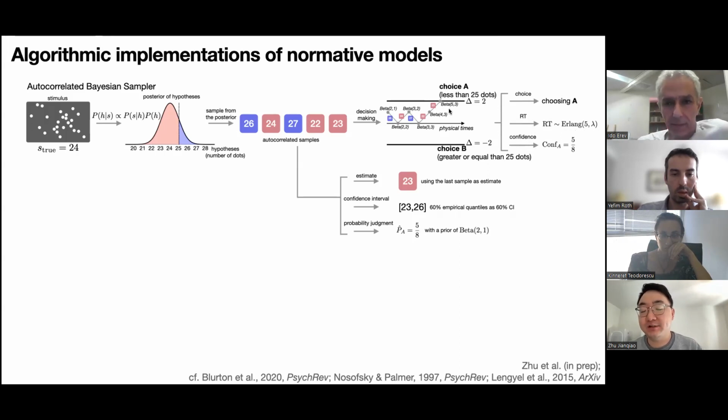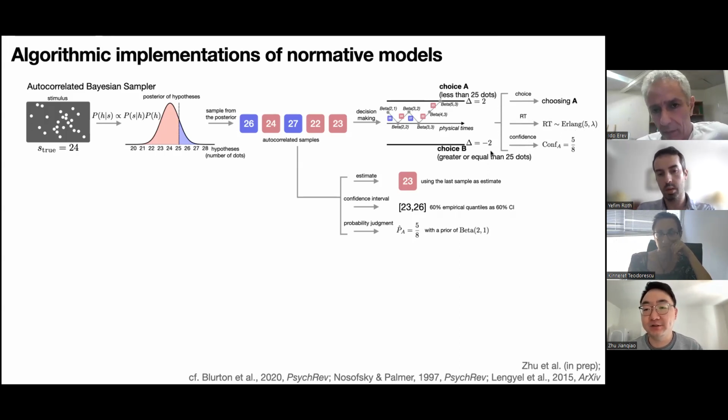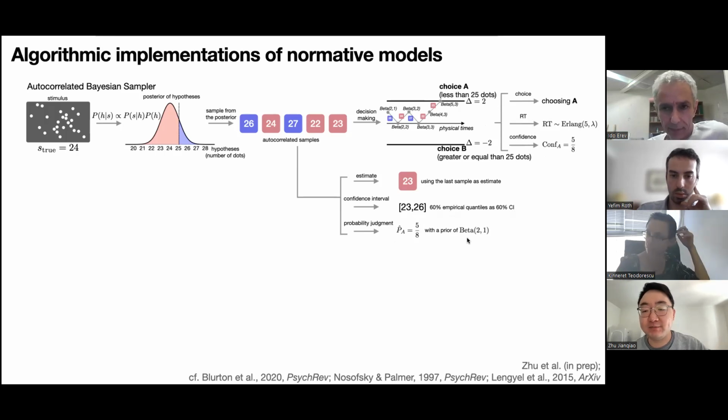For the beta distribution, the mean is just the parameter divided by the sum of the parameters, which is 5/8. And similarly, we could apply that to a probability judgment. If we're assuming a similar prior of beta 2,1, then a probability judgment will be reached at 5/8.